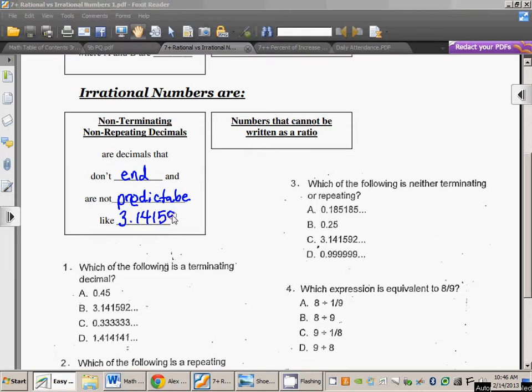It does continue 1, 5, 9, 2, but you know what? It doesn't repeat. And it doesn't end. And that's pi. That's a number we use a lot to measure circles. There's an ending to numbers. Isn't there? No. Well, you know what the dot, dot, dot means, don't you? Remember, it goes on forever.